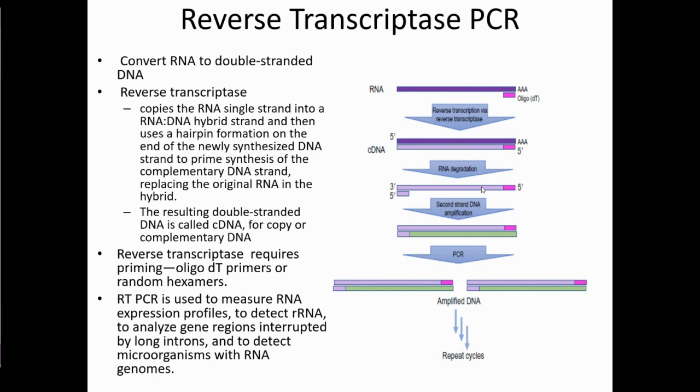You have different methods. One of the commonly used methods is to use RNase H to degrade the RNA, so that you have single-stranded cDNA, and then you can synthesize the double-stranded DNA, and then you can amplify the double-stranded DNA from here.